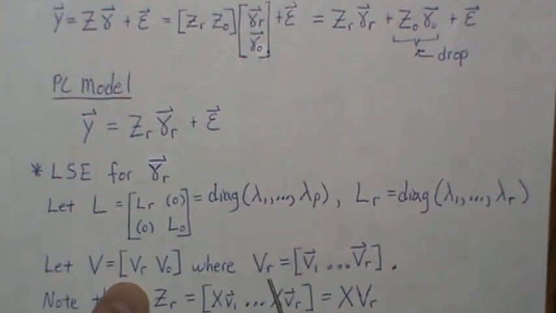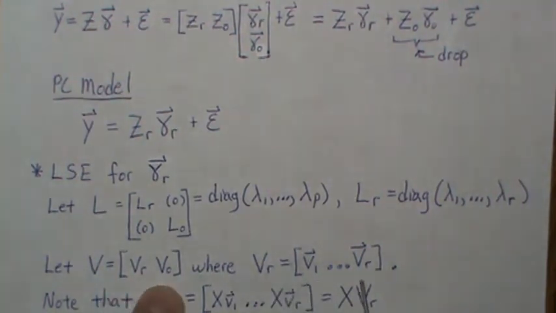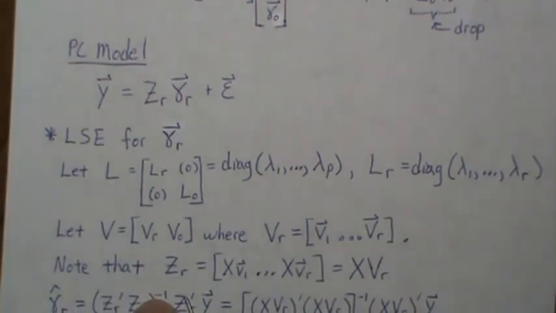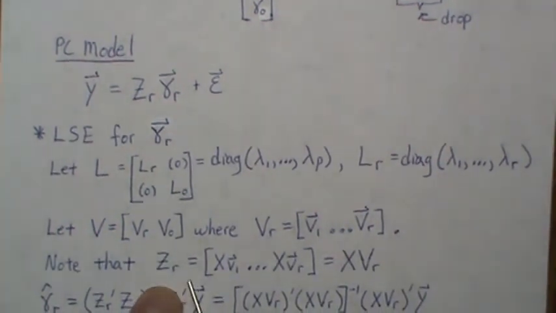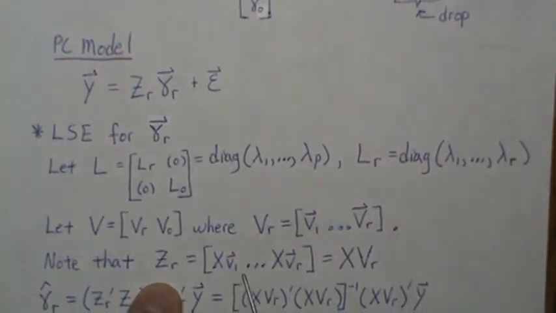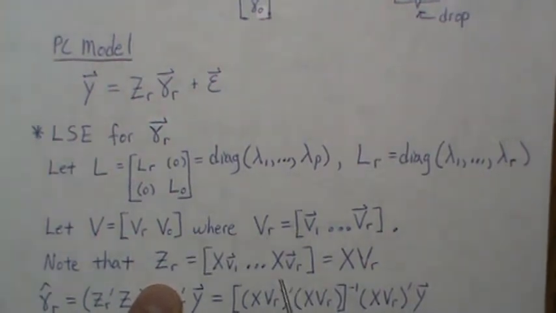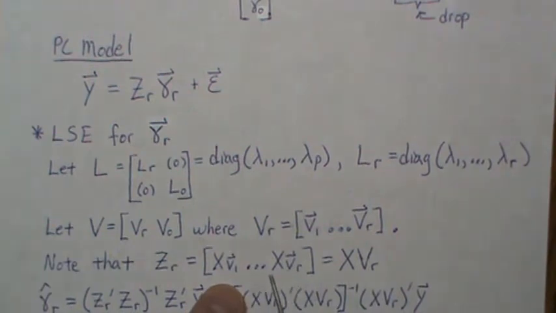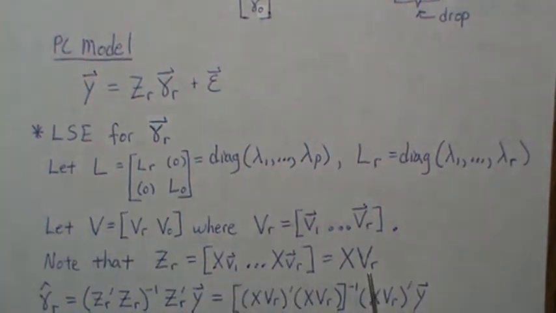But we're going to split it into V_R and V_0 like this. So note that Z_R is actually XV_1 all the way to XV_R, and we can unpack that and just call it XV_R. This is the same as this.